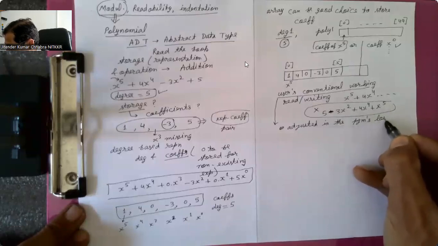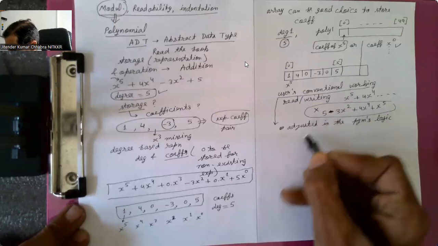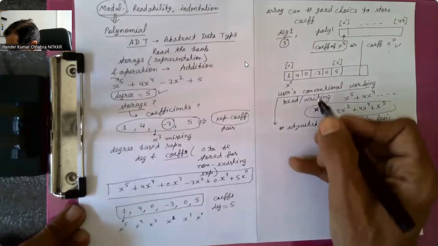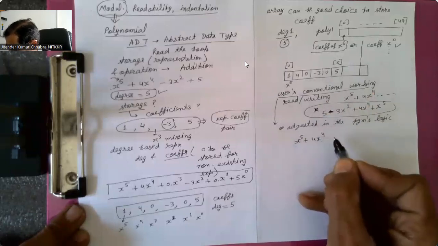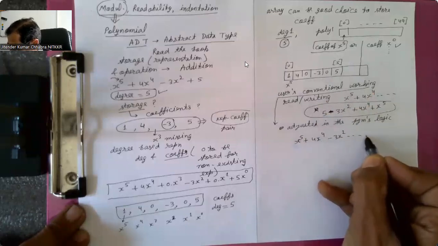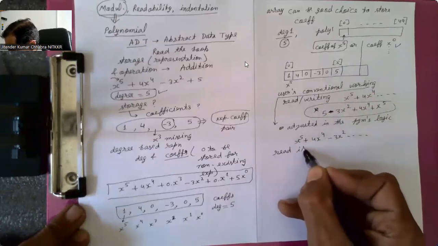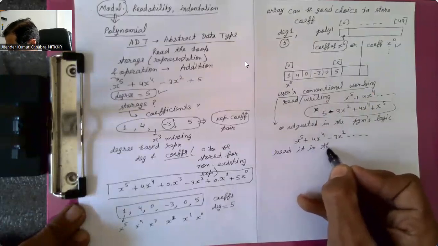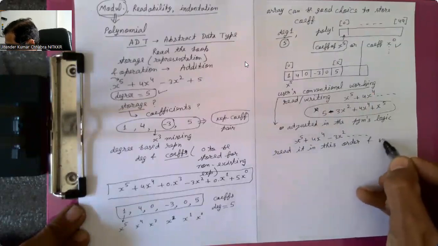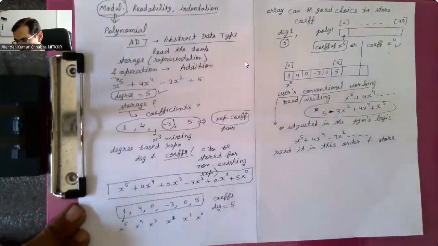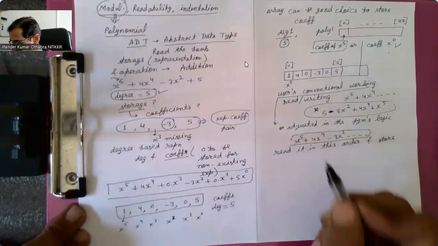Hence, we will say that the user will input the polynomial in this particular order, which is x raised to 5 plus 4x raised to 4 minus 3x square and so on. So read this and store it in this order only. Now, in storage, if you want to manipulate and store it in reverse order, that can be okay, but you should ensure that the reading should be like this.